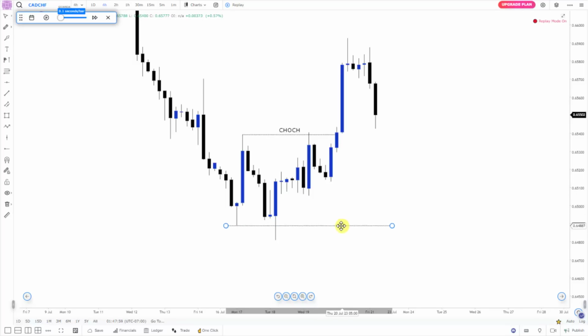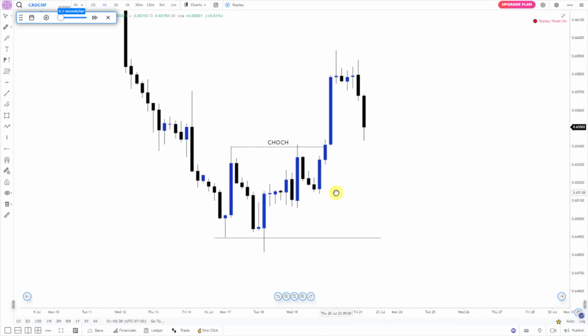But refining it down to the wick of this particular candle right here, I hope you can see this candle right here, refining it down to the candle is going to compress your zone and you're going to be trading from a lesser zone. The disadvantage of refining this QML level, trying not to mark it from the close of this candle right here, is that at some point price might not actually get to this level, okay? This particular level you chose, at some point price might fail to get to this particular level, which might make you miss some trades.